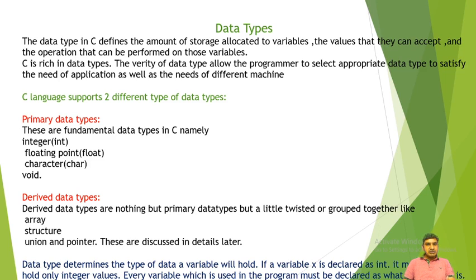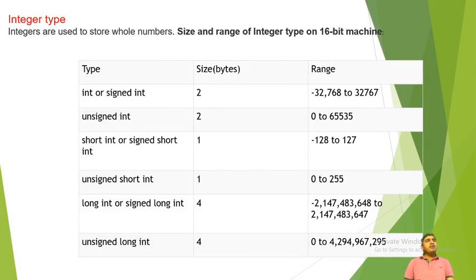It may be integer, float, character, array, structure, union and pointer. Now, if we consider the integer type, integers are used to store whole numbers like 1, 2, 3, 4, up to any number can be stored.